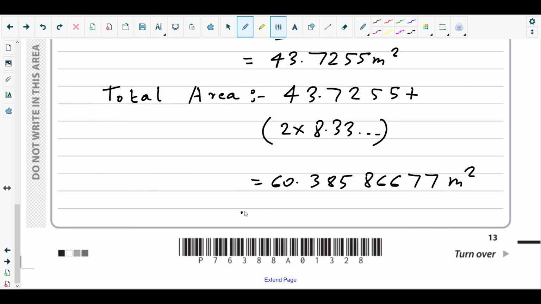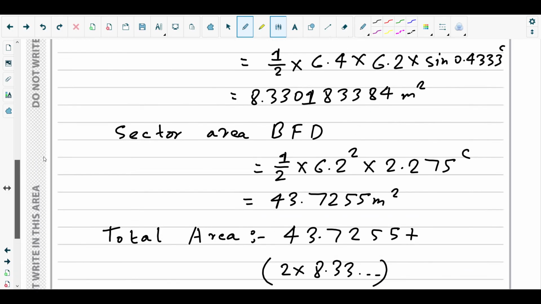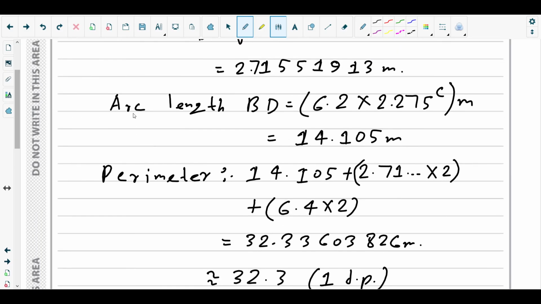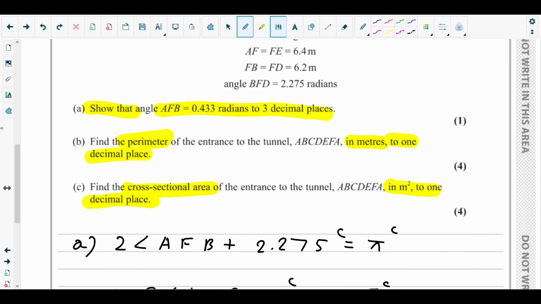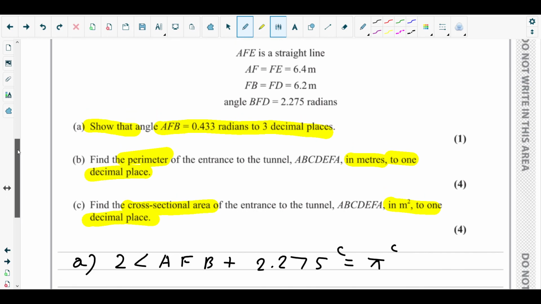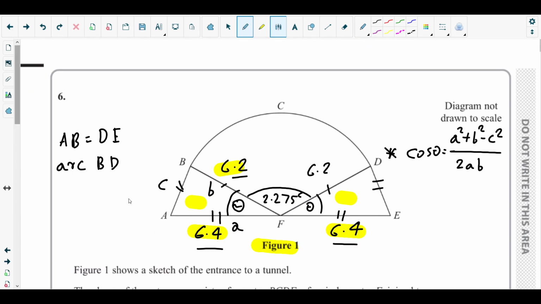So 1 decimal place, isn't it? That would be 60.4 meters squared. This is up to 1 decimal place. And that's it. That's the answer for part C. And that's all about question number 6 from the May 2024 P1 regional paper. That's it.